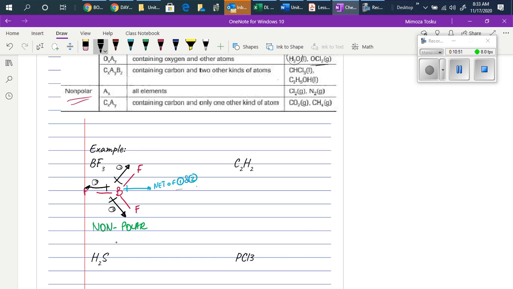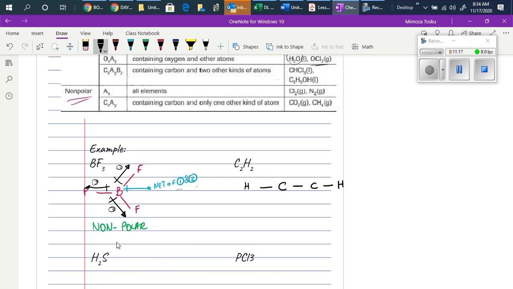Let's take a look at the dicarbon dihydrogen. Okay, so let's draw this. This is the case when we have multiple central atoms. So the structural diagram will be carbon here, and then 1 hydrogen on one side and 1 hydrogen on the other side.